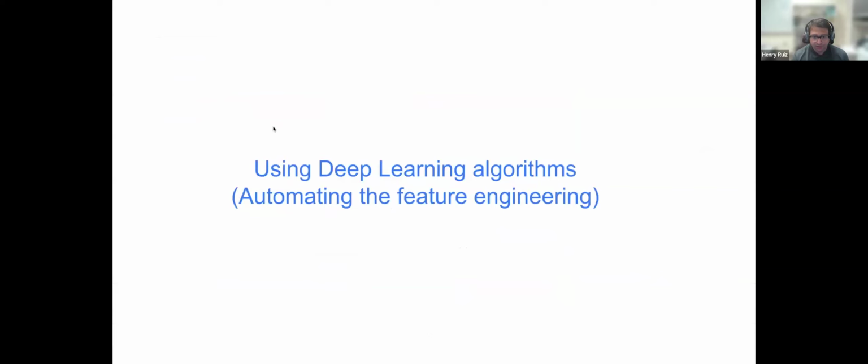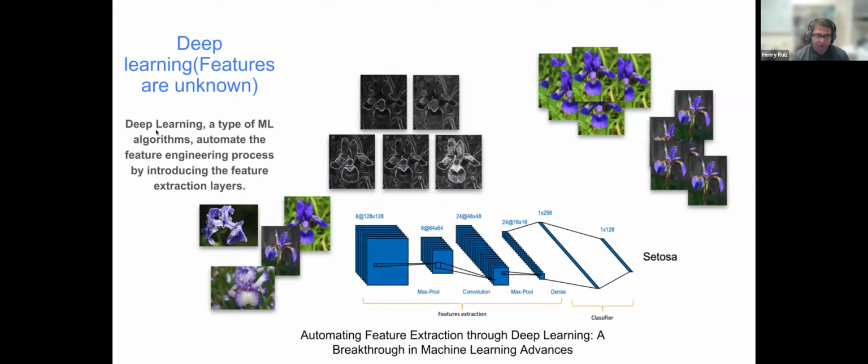But then deep learning showed up, which is based on neural networks. They come with this new approach of automating the feature extraction process. For the same problem, to continue with the same example, we have the images, but I don't need to manually extract the features anymore, because the deep learning architecture has a set of specialized layers that can learn features from the data.